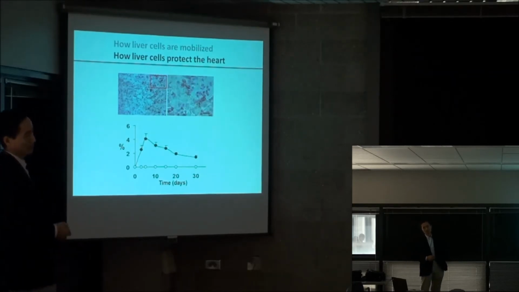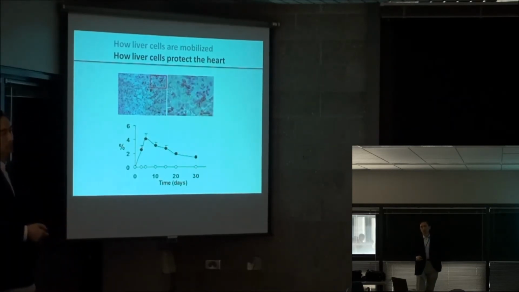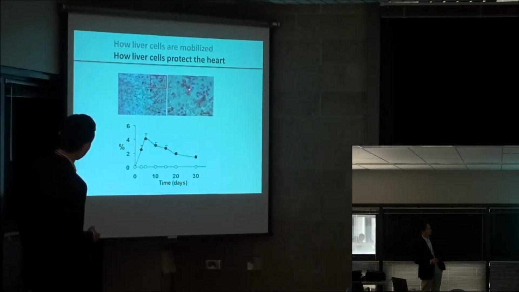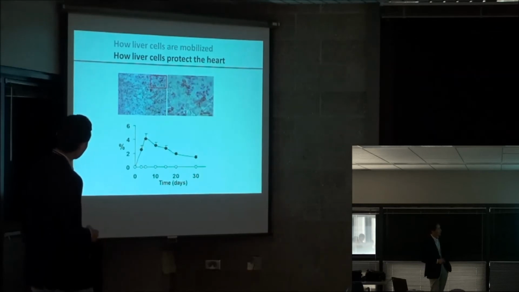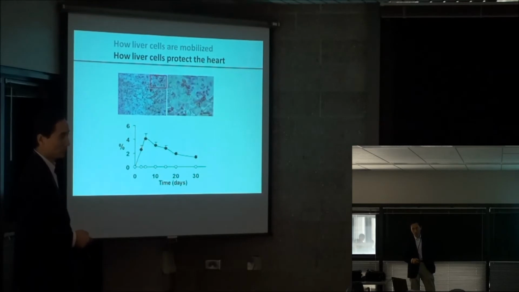This is used in an immunohistochemical assay to label yellow fluorescence protein, because only liver cells express yellow fluorescence protein. Cardiac cells did not express that. In the heart, right here in this area, we found about 4% liver-derived cells in a broken heart.